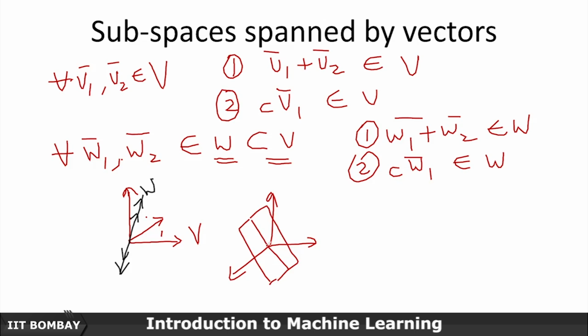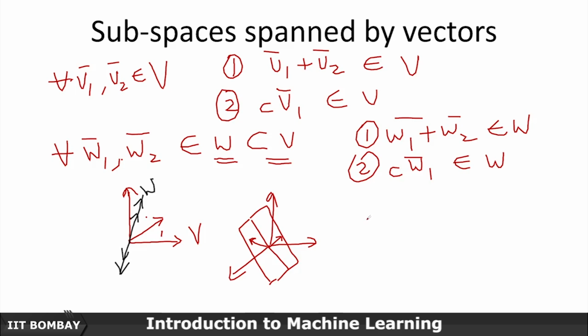Then if I take any two vectors that are lying on this plane, so long as they are not collinear, so long as there is a non-zero or non-180 degree angle between them, I can reconstruct any vector that lies on this plane with these two vectors.